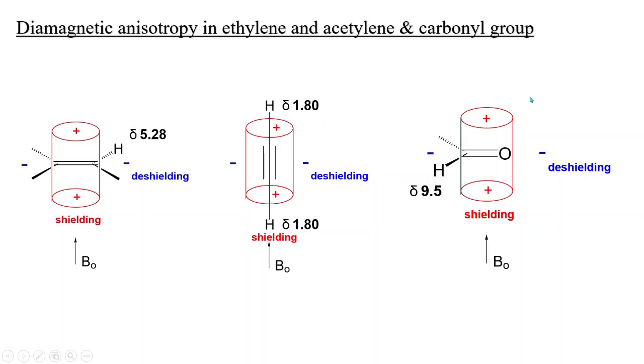Now if you come to the carbonyl group, this carbonyl group will generate an induced magnetic field. This will produce a de-shielding zone in this region and this region, and also a shielding zone at this region. So this proton, which is an aldehyde proton, will resonate at a delta chemical shift value of 9.5.